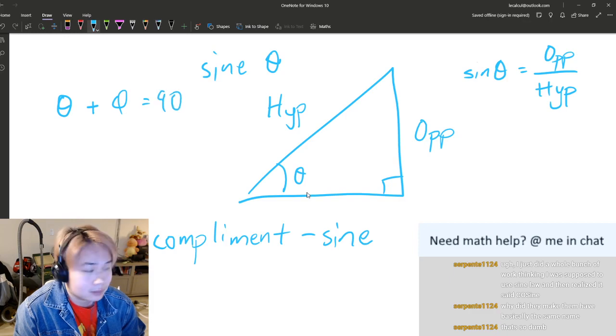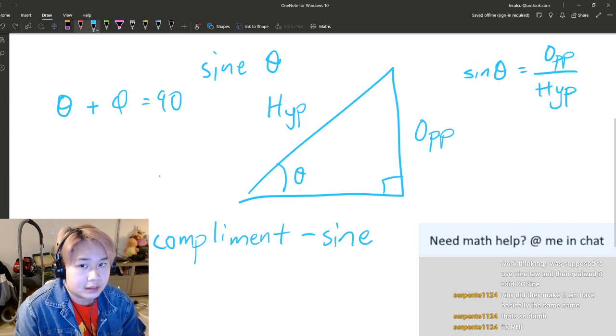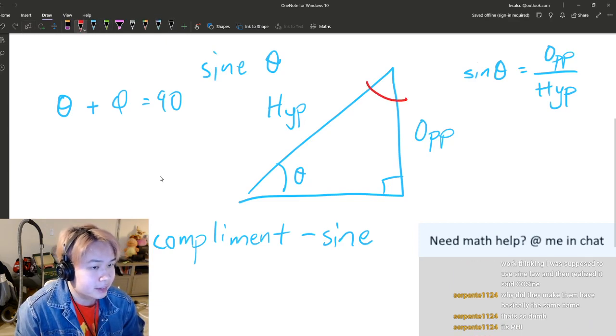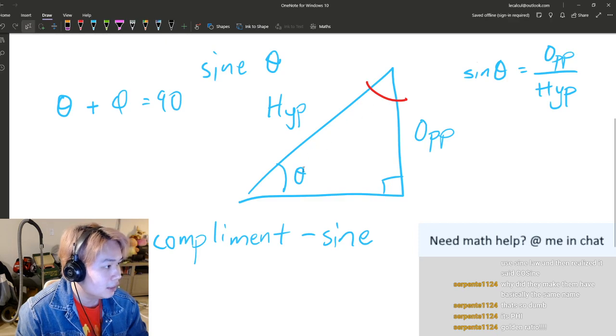Now, because of geometry, this angle right here is always going to be the complement to this angle, because these two need to be 90. Yeah, we can use it in golden ratio. But because this one's 90, these two have to be 90 together because of the angles in a triangle thing.